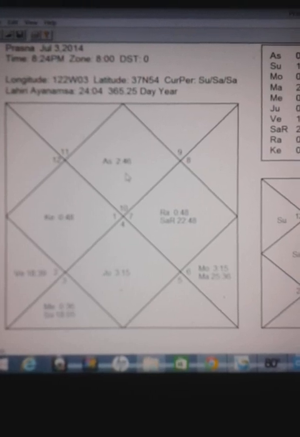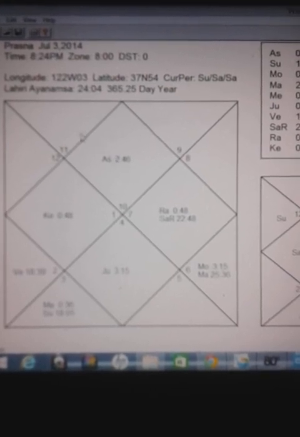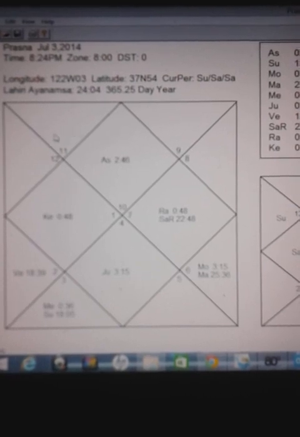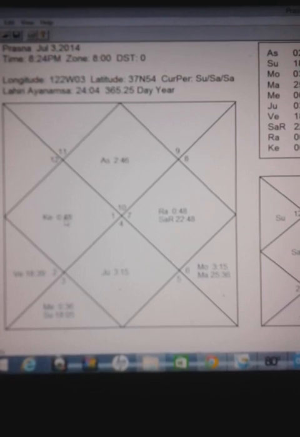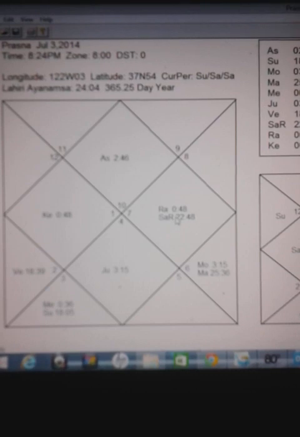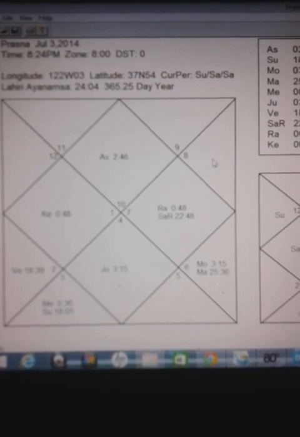If we move anti-clockwise, we go on to the second house, and then the third house, the fourth house, the fifth house, the sixth house, the seventh house, the eighth house, the ninth house, the 10th house, 11th house, and 12th house.